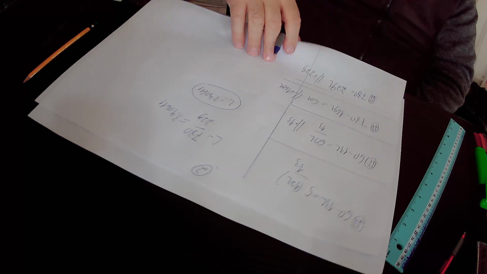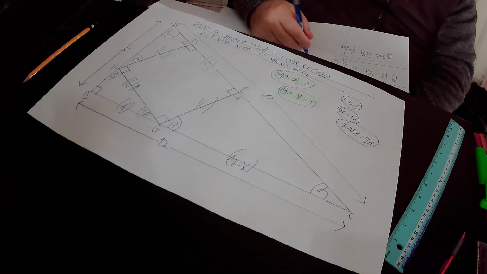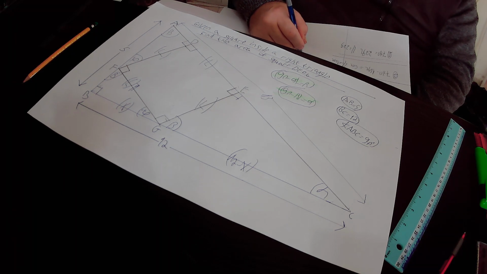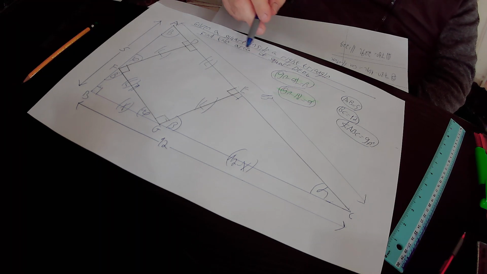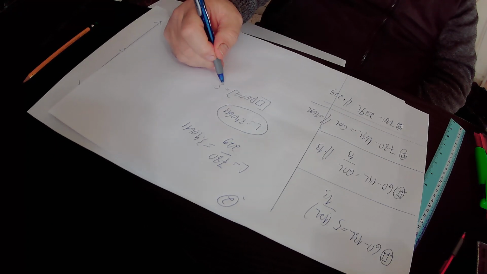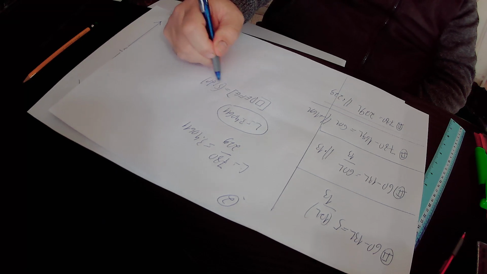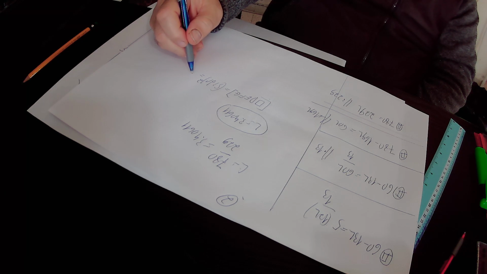And the area of this square DEFG is equal to the length of one side squared. We know that the length of one side is L, and the length of one side squared is L squared.